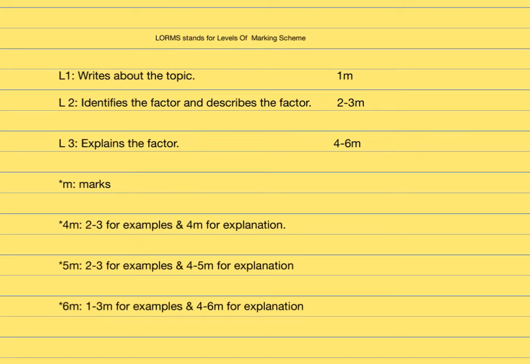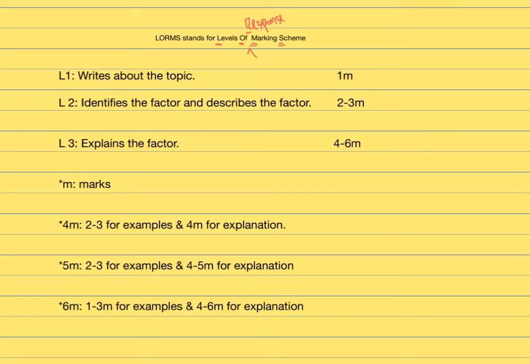So the last section of this video shows you the LORMs part. LORM stands for levels of response marking scheme. So actually they're supposed to be response marking. All right, R stands for response. So this is just a simple illustration of the different levels of marking.